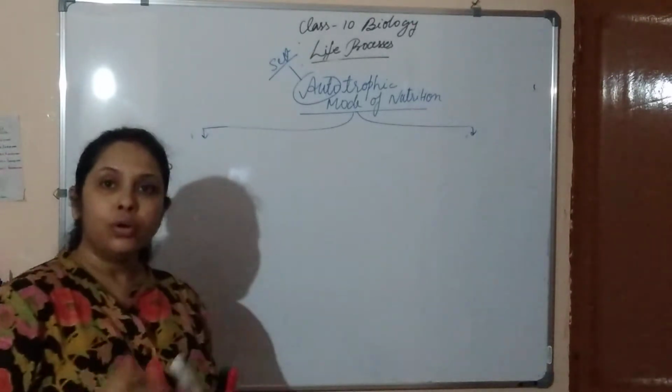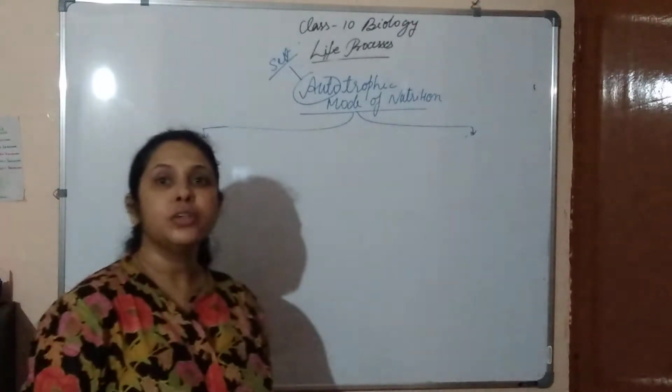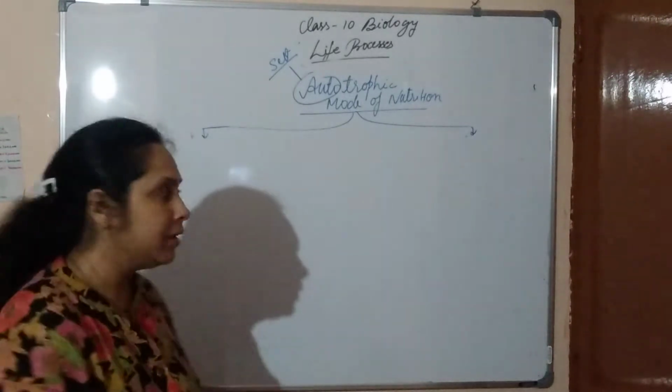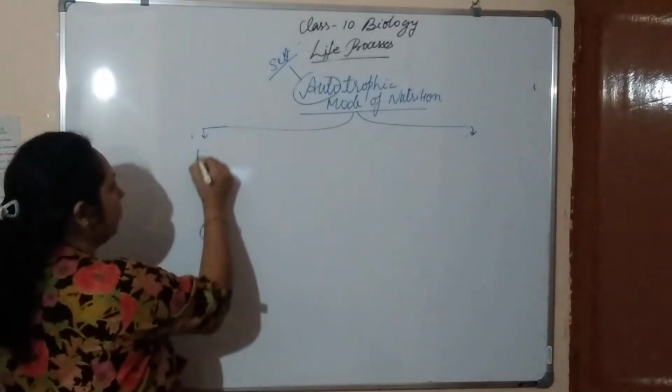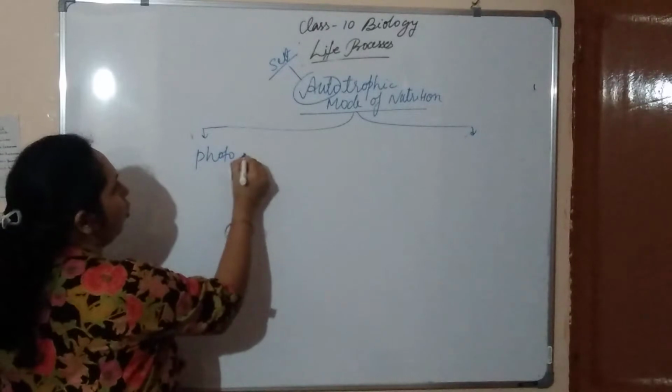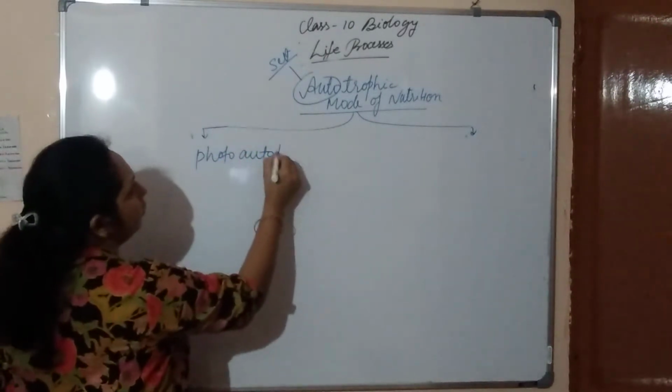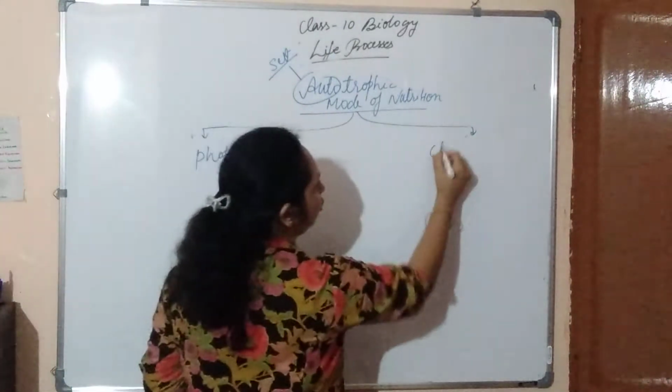Autotrophic mode of nutrition is divided into two different categories, photoautotrophs and chemoautotrophs.